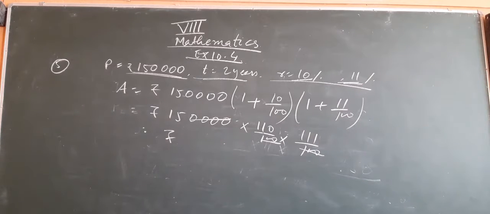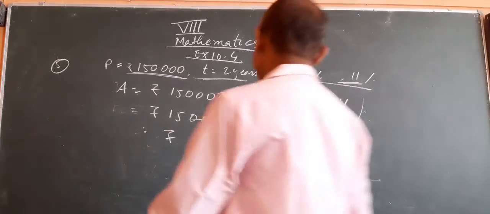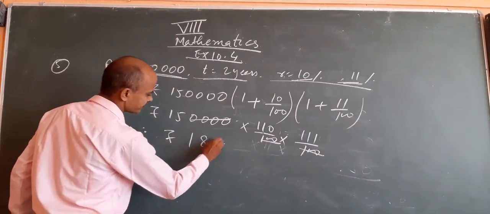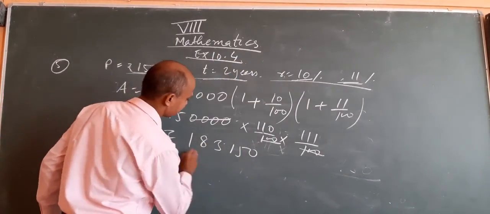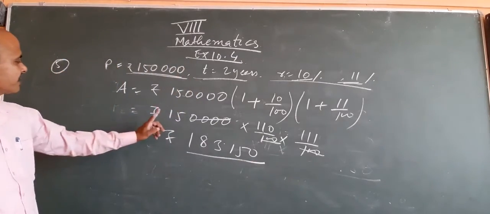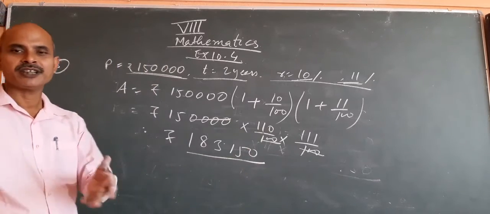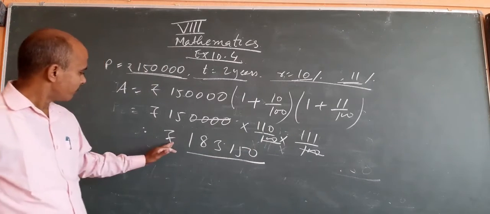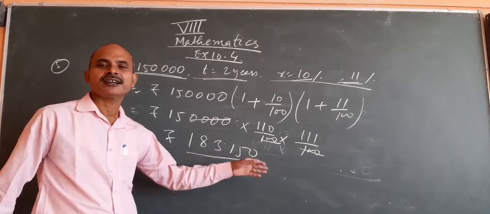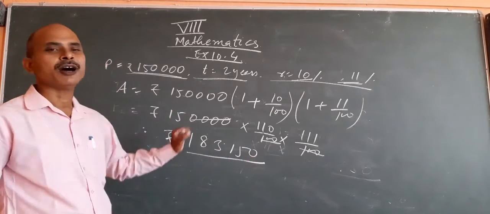Multiply this and you will get 1,83,150. This is the product of these three: 15, 110 and 111. This is the amount.